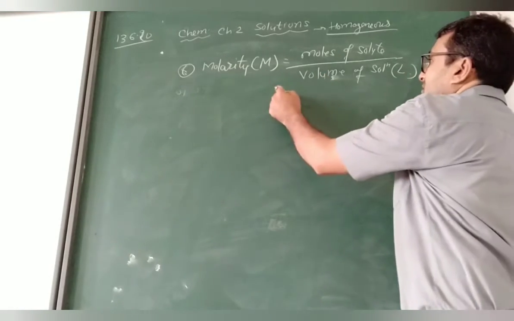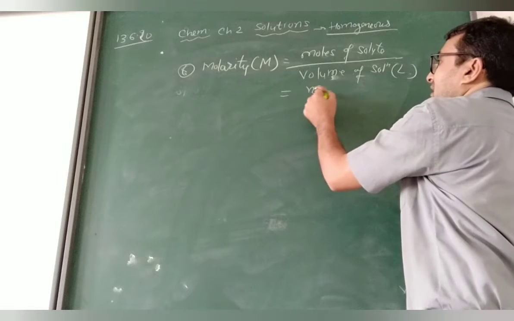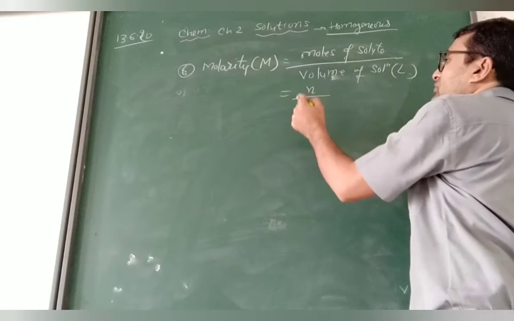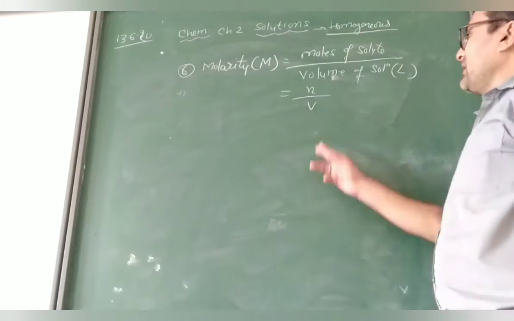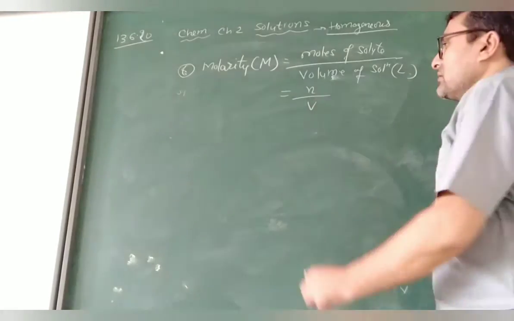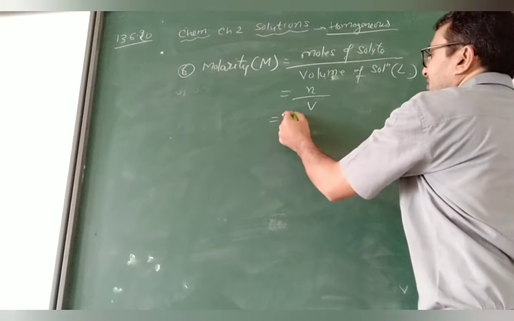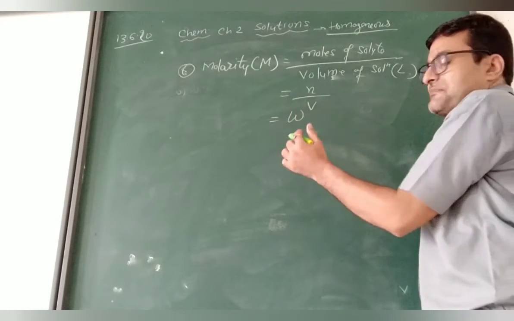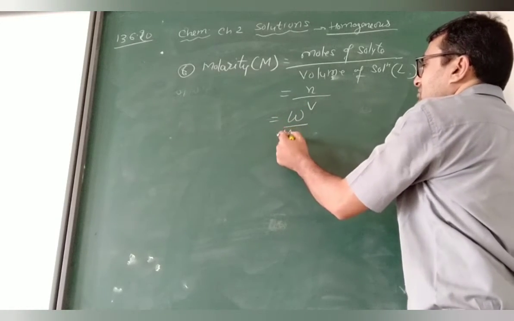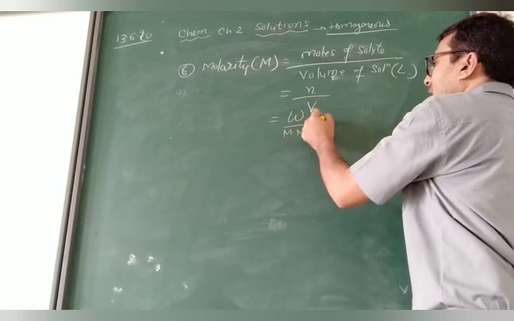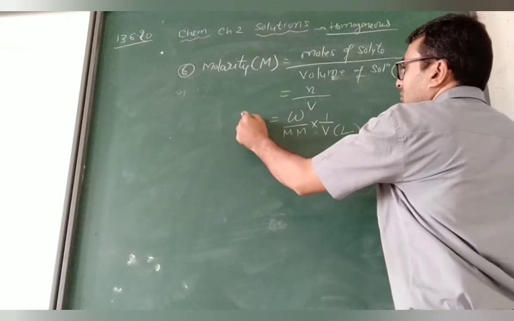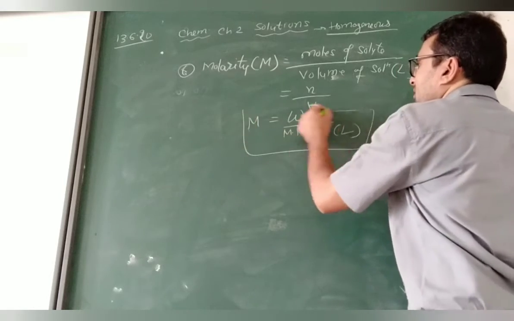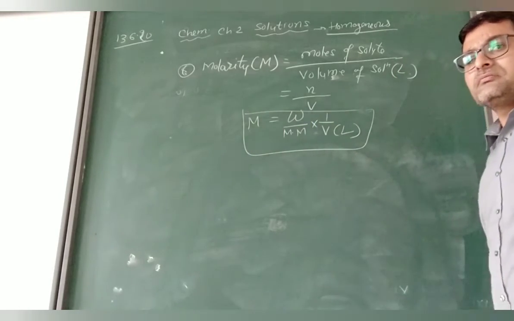So if I write the moles equals to n and volume equals to V, then molarity becomes n by V, right? It should be in liter. Now what is n? That is the weight of given substance divided by its molecular mass, upon volume, which should be in liter, becomes the molarity, right?